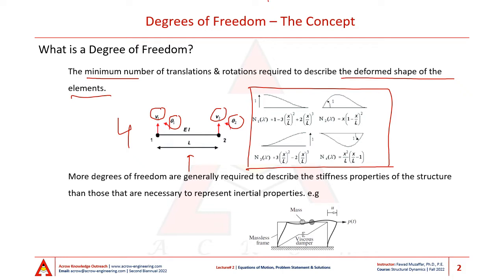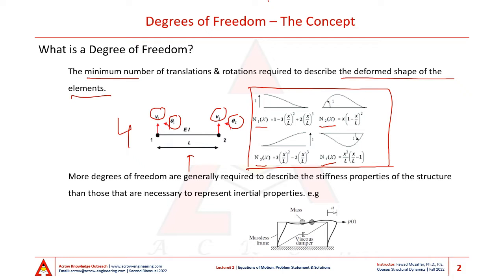So there are four shape functions, n1 and n3, which relate the deformed shape of the continuum to the movement of the left node and the movement of the right node. And then n2 and n4 relate the shape of the continuum to the rotation of the left node and the rotation of the right node. Of course, any general deformed shape is a combination of all four of these shape functions and degrees of freedom.